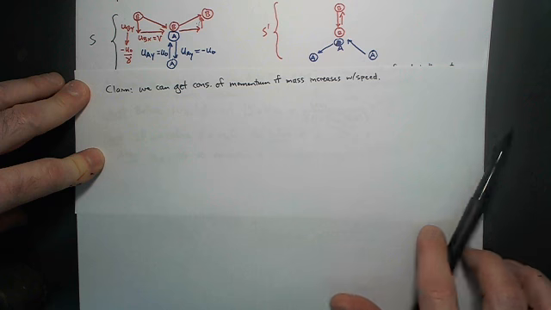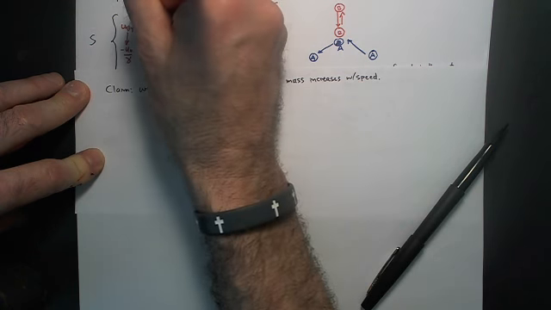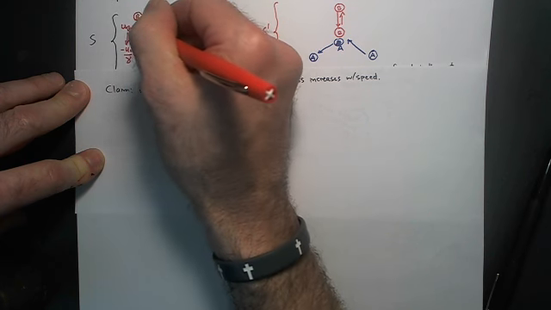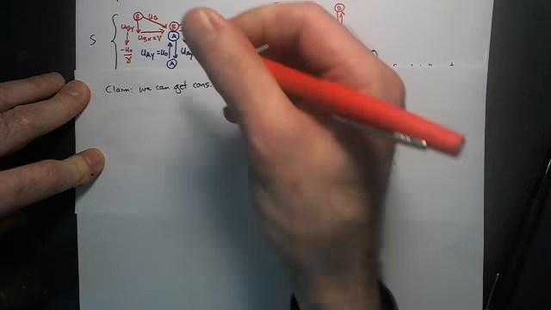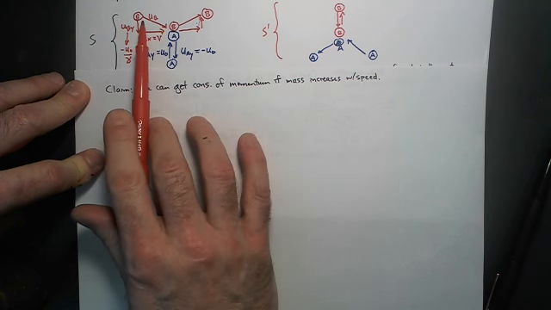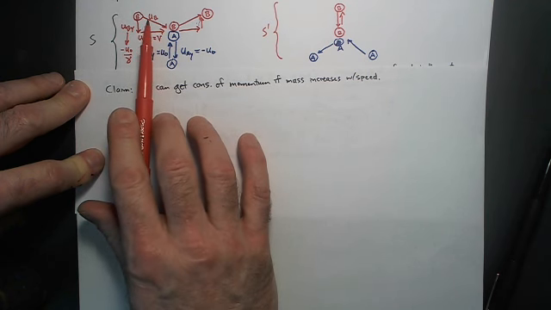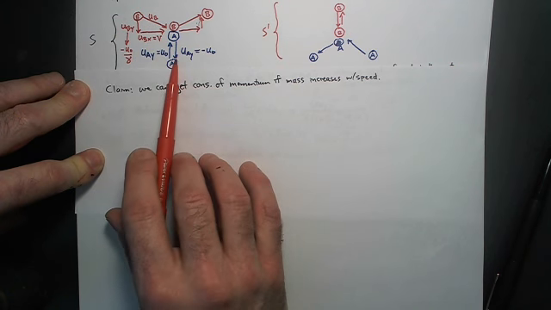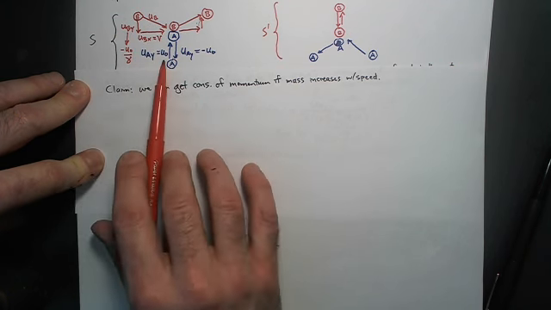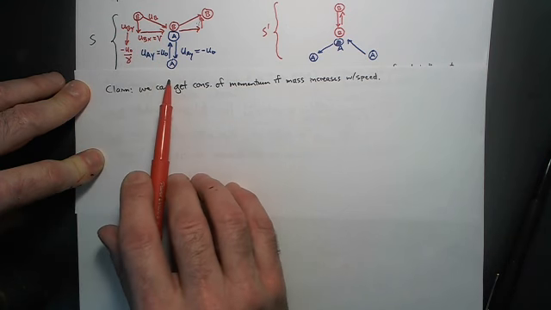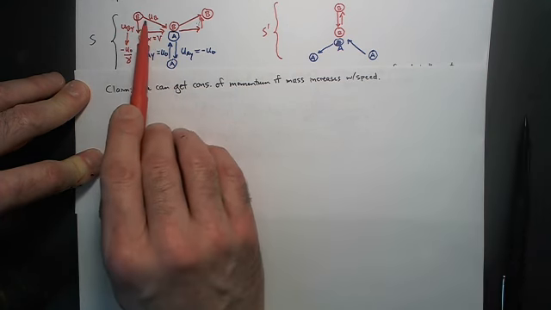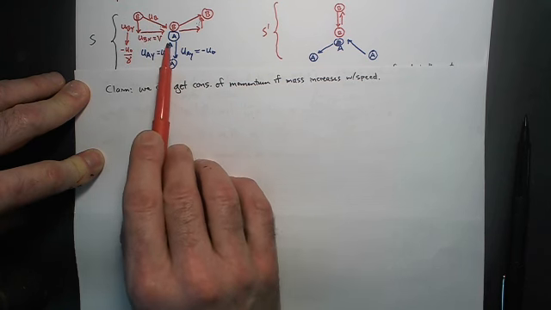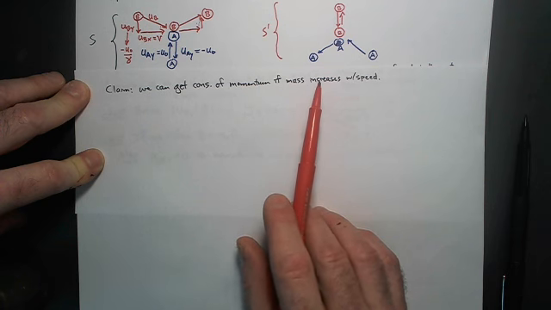Note that U_B, the speed of ball B as seen in frame S, has both a y component and an x component. Therefore, there is the possibility, and we'll show this presently, that U_B might be greater than U_A. We know that U_BY is smaller than U_A, but we have to add in the effect of the horizontal component. So maybe this vector representing the velocity of ball B, the total velocity, could be longer than this vector representing the total velocity of ball A.